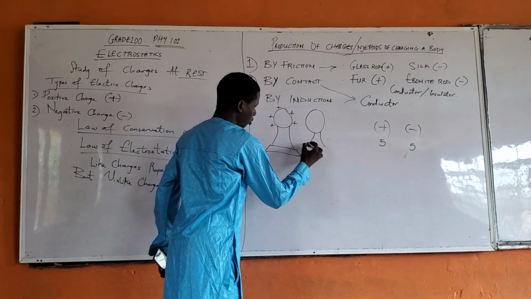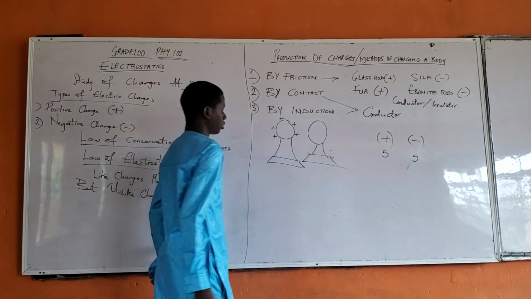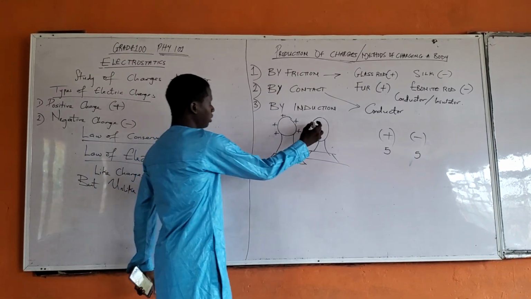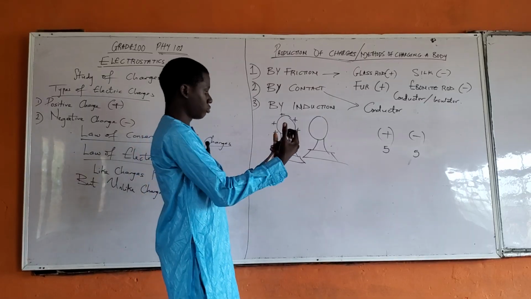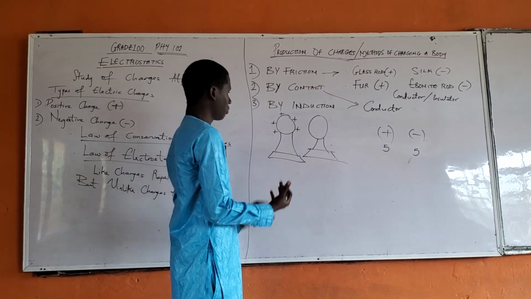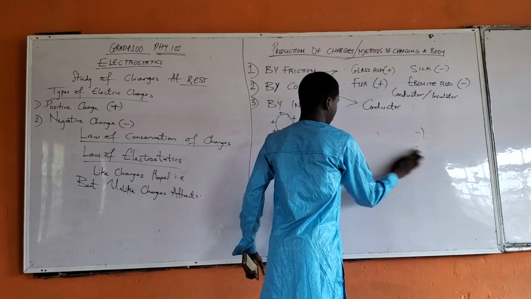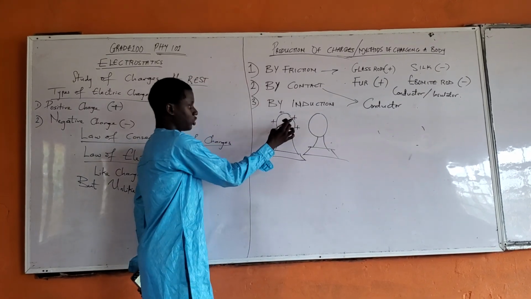This is a neutral body. When you bring them in contact, which is where the word comes from, you bring them closer, and what happens next is that there will be a transfer of charges.